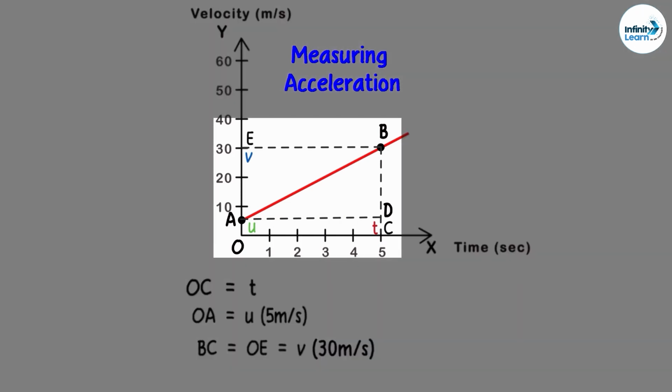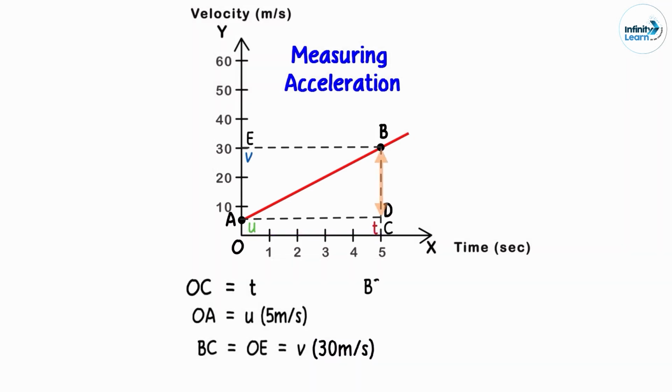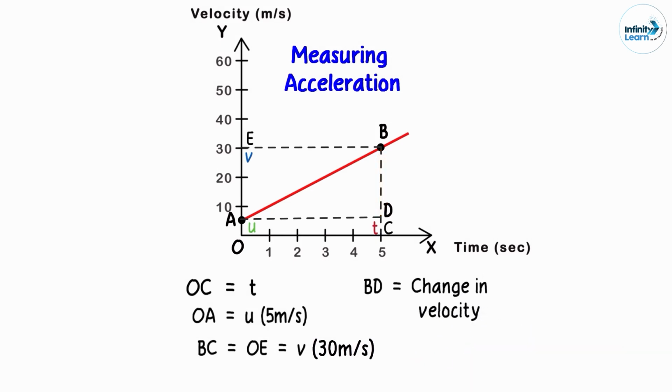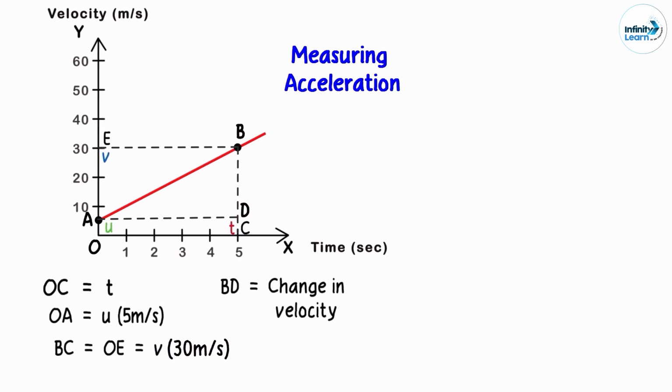Now in this figure, can you tell me which length is the change in velocity in this time interval? You're right. BD here is the change in velocity in time t. Let us make sure you understand this well. In 5 seconds, the velocity has changed by this amount. Final velocity minus the initial velocity will give us this length.